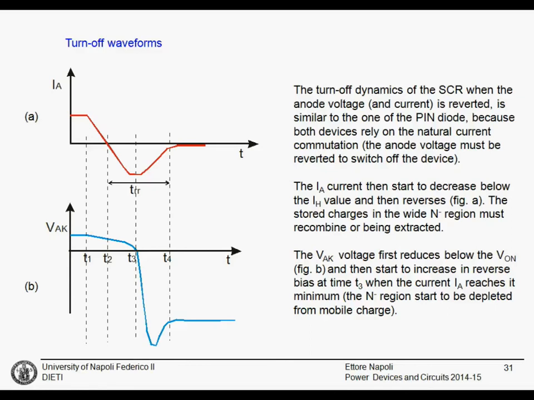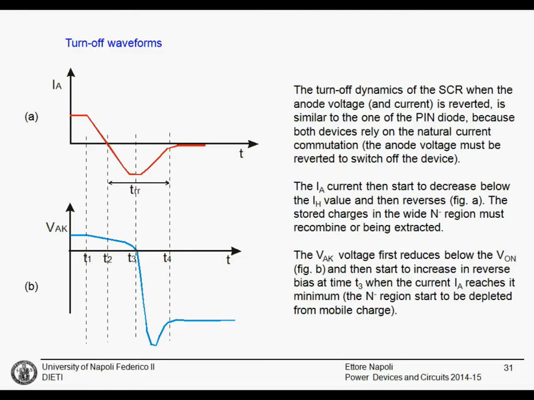What you actually see is that the current, anode current, starts to decrease. It will go below the holding value and then will go also negative because the device is still on. It's not able to support voltage and the current will go negative.